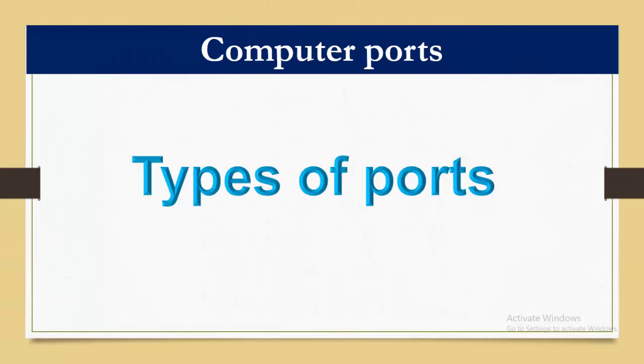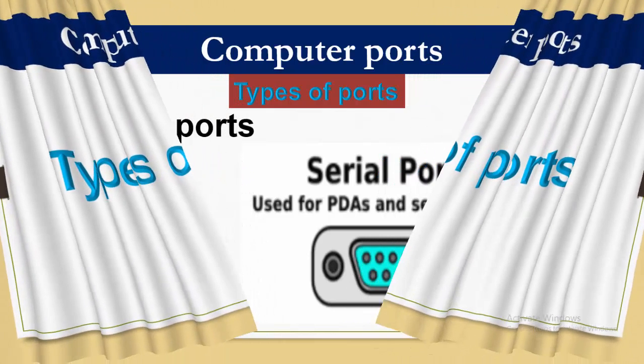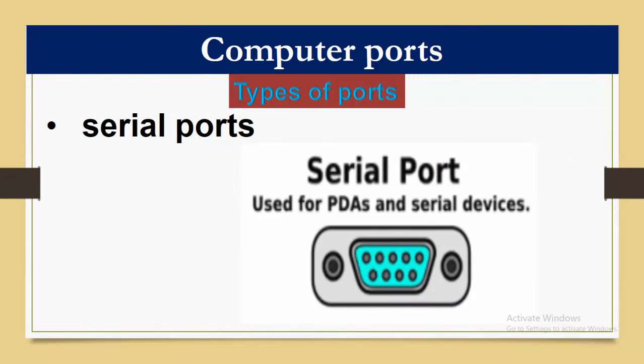Types of ports. The first one, serial port. Serial port, as you are seeing in the figure, is a serial communication interface through which information transfers one bit at a time. It's one of the oldest types of interface.